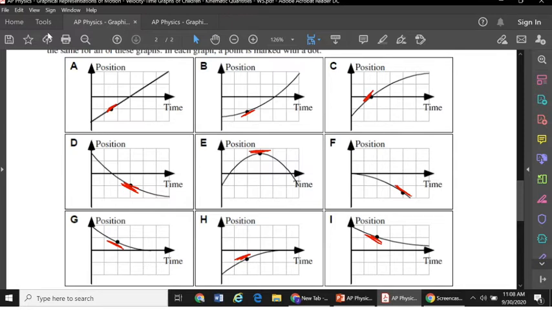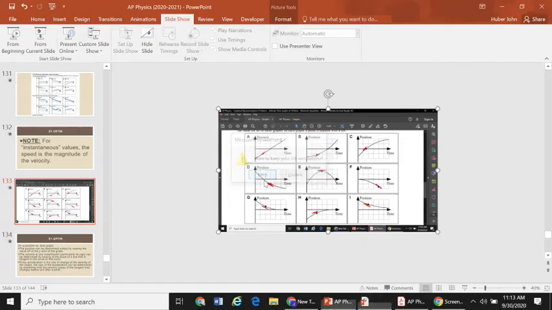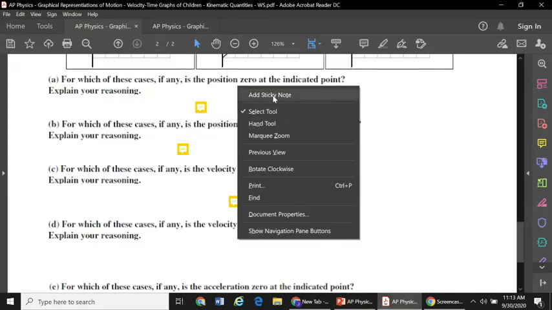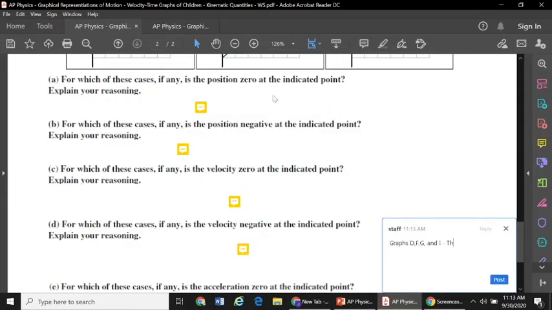The key thing to remember here, I think, is that if a line has a positive slope, it looks like this. And if it has a negative slope, it looks like that. So graphs with a negative slope of the tangent line are D, F, G, and I. And again, we can say here the slope of the tangent line for a position versus time graph represents the velocity.